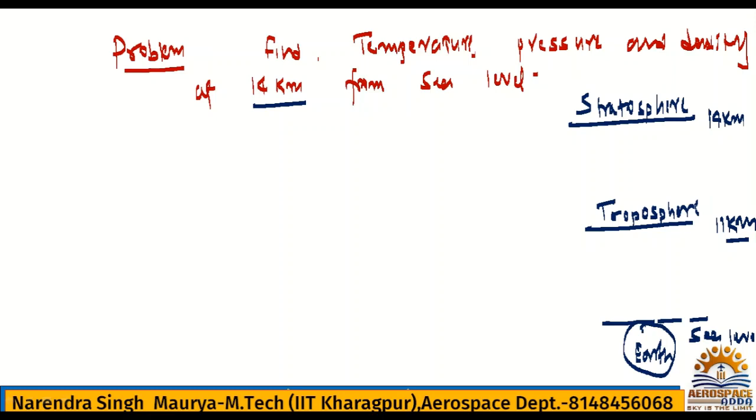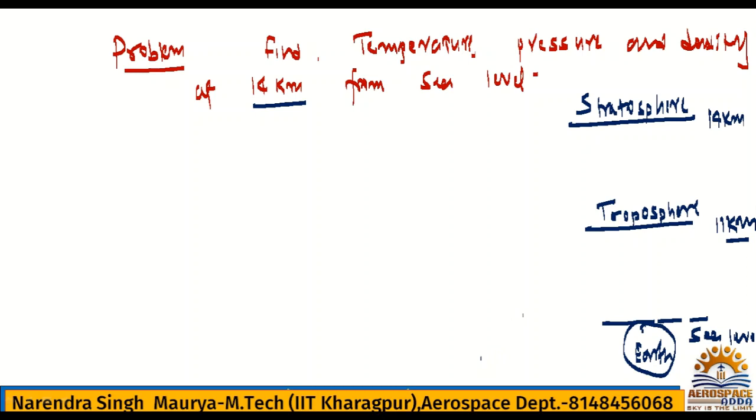There is no formula which can work for both. So first you calculate data in the troposphere from sea level to 11 kilometer, and once you know data at 11 kilometer altitude, then you can apply the stratosphere formula from 11 kilometer to 14 kilometer. I hope you understood now.